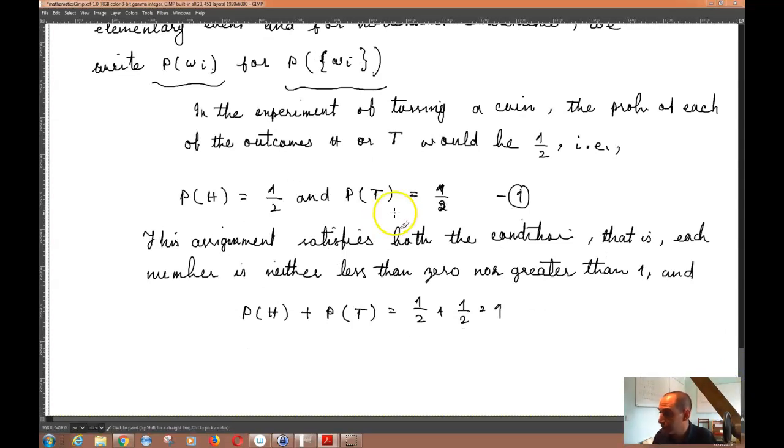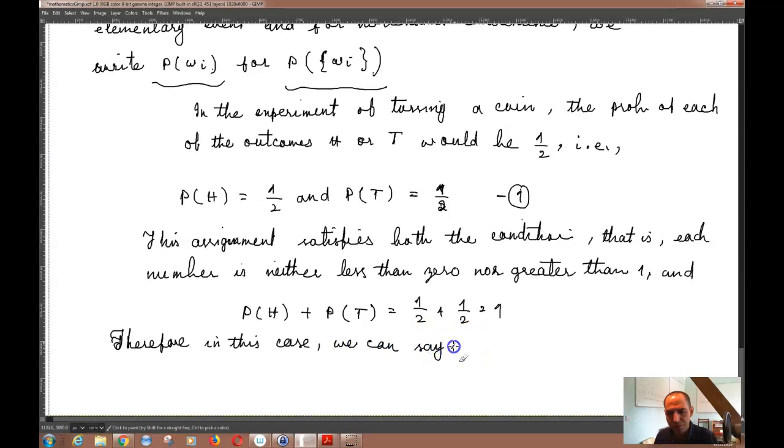Therefore, in this case, we can say that the probability of heads is 1/2 and the probability of tails is 1/2.